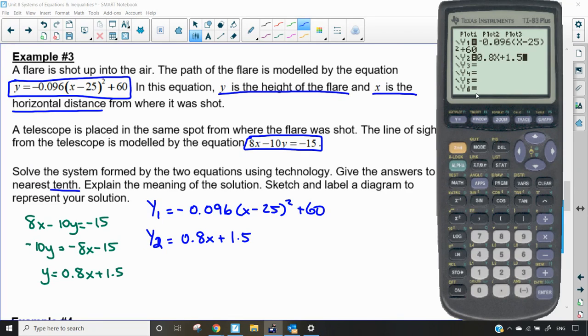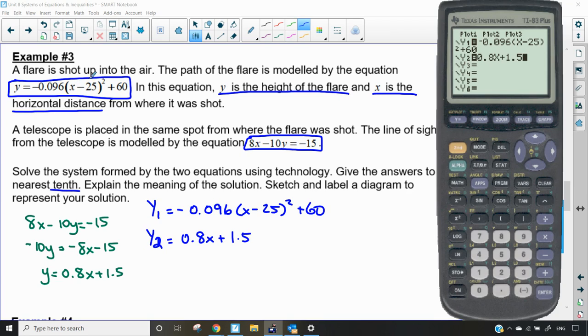Now, once again, we're going to have to adjust our window settings, and we use the context of the question to determine what realistic numbers might be. Now, taking a look here, this equation is written in vertex form. So we know that the maximum is happening at 25, 60. So if the maximum is at 60, I don't really need to go much higher than 60 for my height.